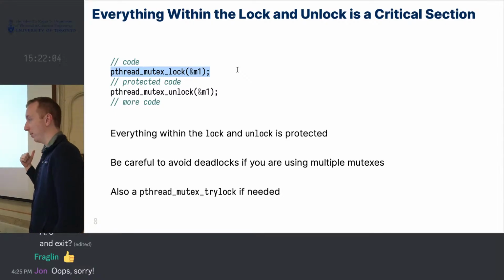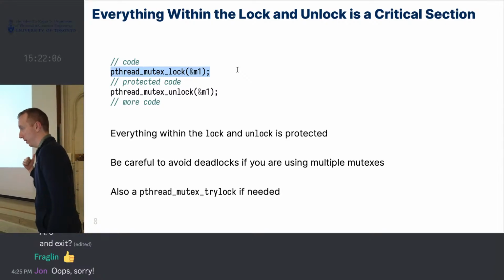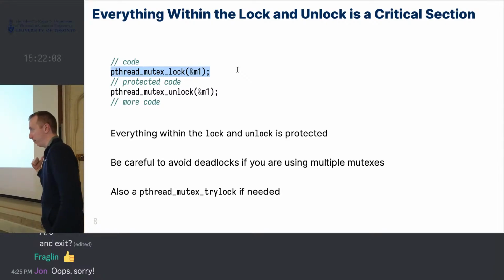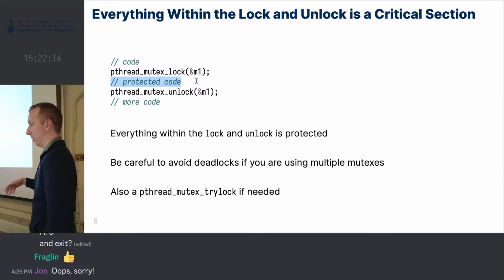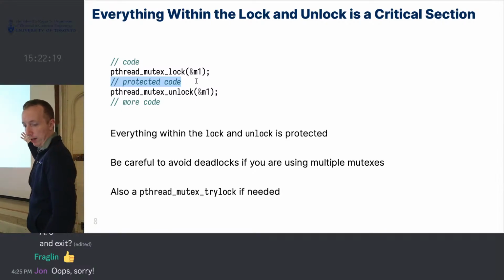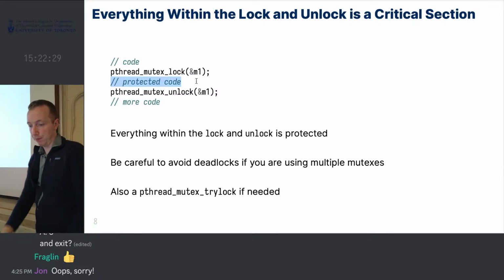So if someone else comes to try and use it, they can't do it. So you will only have one person in the bathroom at a time, just like you will only have one thread executing this code at a given time. So if we only have one thread executing this code at a given time, we don't have data races because we can't have any concurrency within that protected code.